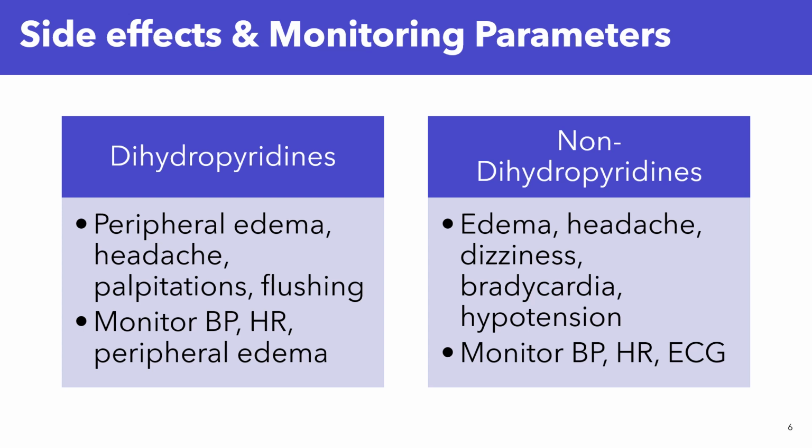For non-dihydropyridines, such as diltiazem, verapamil, some side effects include edema, headache, dizziness, bradycardia. Remember, I mentioned earlier that they can lower the heart rate, hypotension, and monitor blood pressure, heart rate, and ECG.